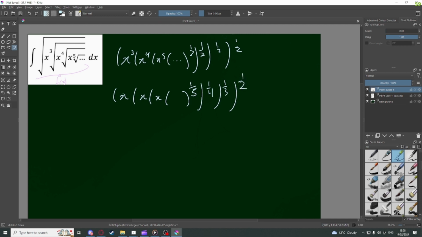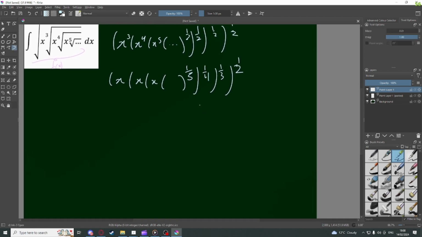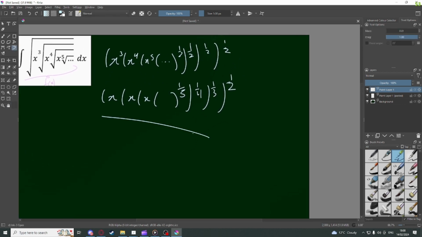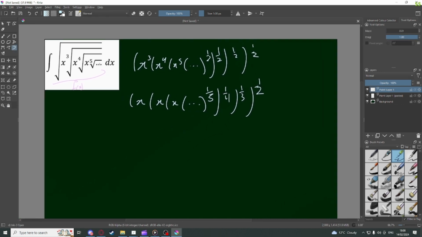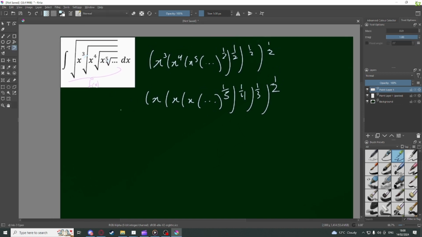Let me just check. 1 2 3, 1 2 3. Yeah, okay. So it becomes this now. Oh yeah, and the dot dot dot, and that kind of changes things up. So in the case where it is supposed to be the nth root, which looking back at it now, I don't know how I didn't notice, but it's quite obvious that it is attached to the radical sign or the square root sign. So we'll do that now.